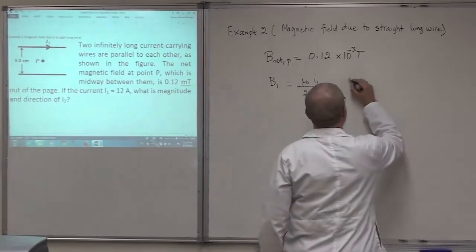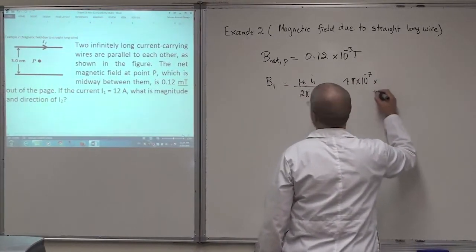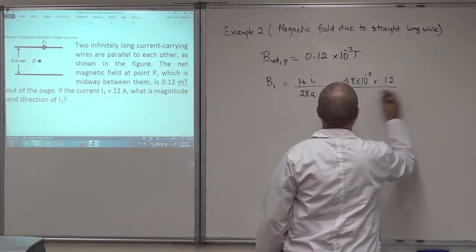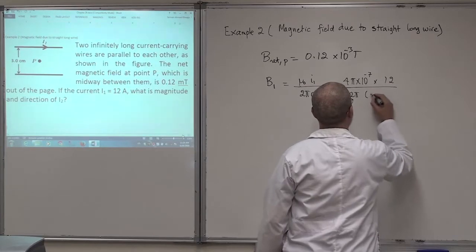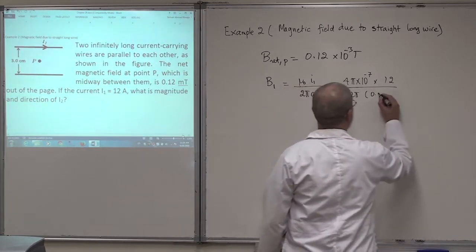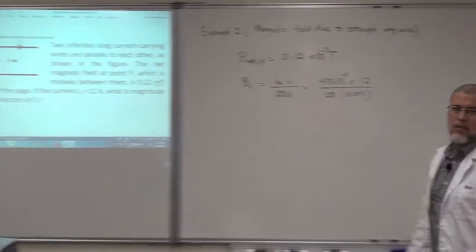So 4π times 10 to the power minus 7 times the current I1, which is 12 amperes, as given to you, divided by 2π times the distance. It is 1.5 centimeters, 0.015 meter. That's the distance in meters.